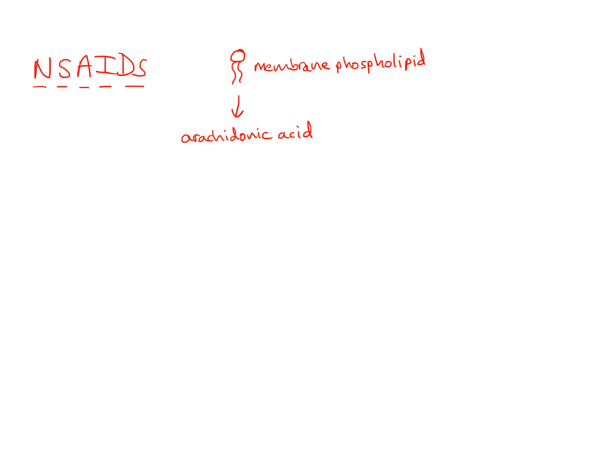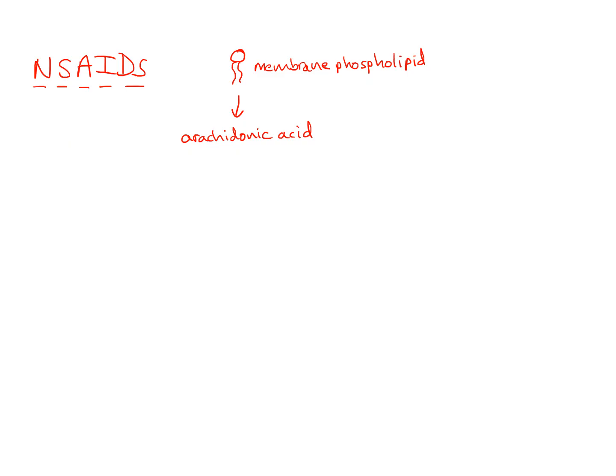All right, so let's take a look at the cyclooxygenase pathway and just show you how this works. So we've got our membrane phospholipid. We're going to break it down into arachidonic acid. And then we've actually got two different COX enzymes. We've got COX-1 and COX-2. So the COX-1 enzyme is the good enzyme, and the COX-2 enzyme is the bad enzyme.